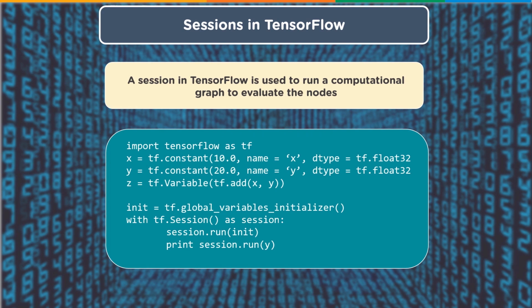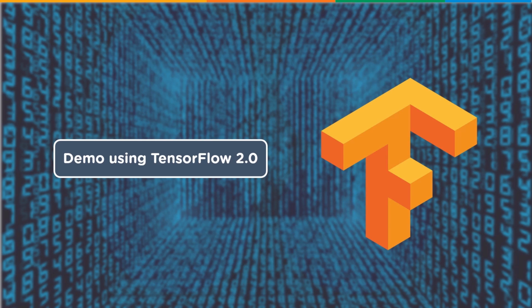Once you have that set up, you init with tf.global_variables_initializer(), and with tf.Session() as session, you do a session.run(init), and then print session.run(z). When you run this, you end up with 10 plus 20, which is of course 30. We'll be looking at this a lot more closely as we roll up our sleeves and put some code together. So let's go ahead and take a look at that.